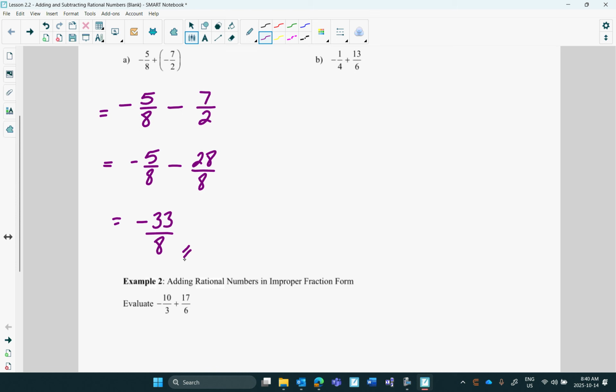Okay. So like I said, there's really nothing new here. We're just combining two things you guys already know how to do. In the second one, well, I don't have to combine any signs because there's no parentheses with two signs beside each other. So I can go straight to a common denominator of 12.